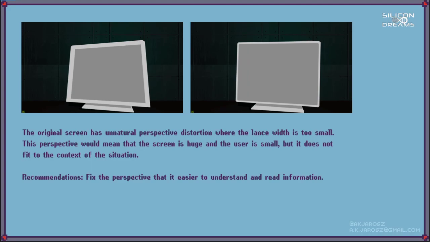So that's a sample of how I will approach the problem. So we have a problem of perspective. It's harder to read and also harder to understand the context, and we probably should fix it, unless the artistic vision has some really good argument about that.